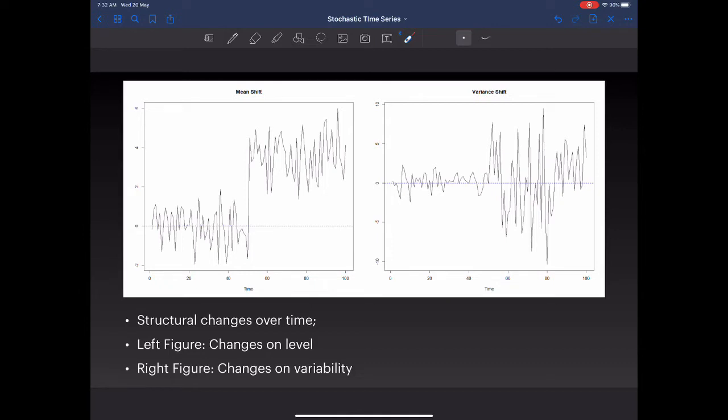And based on my right figure here, the magnitude of the fluctuation is different. There are actually structural changes over time. So when we see this kind of pattern, we might say that this time series might not be stationary.